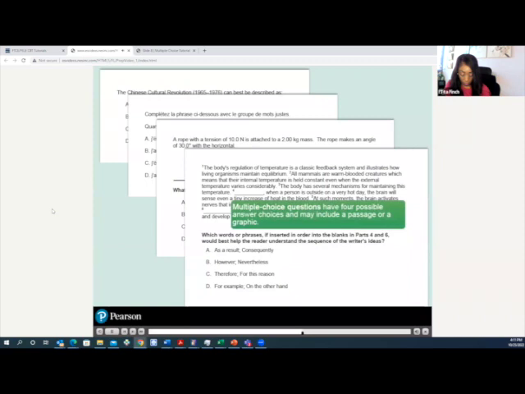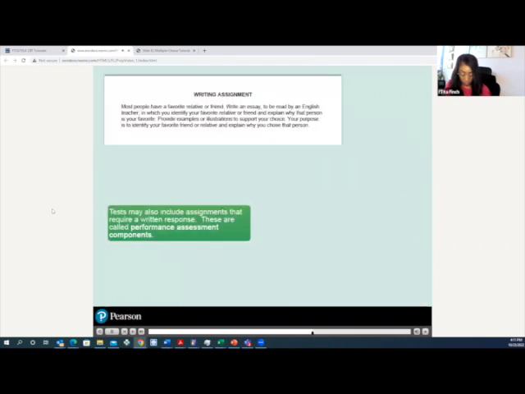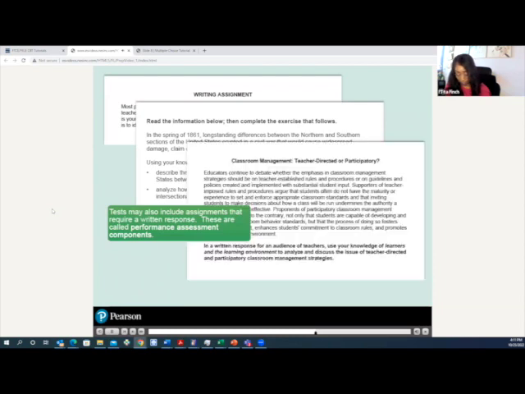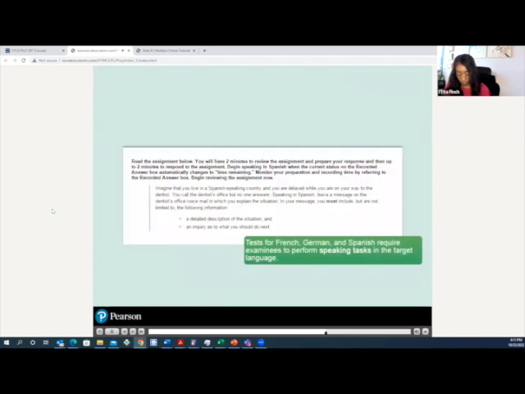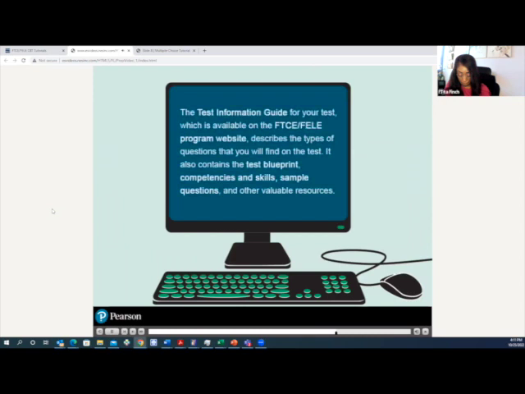Multiple choice questions have 4 possible answer choices and may include a passage or a graphic. Tests may also include assignments that require a written response. These are called performance assessment components. Tests for French, German, and Spanish require examinees to perform speaking tasks in the target language. The test information guide for your test, which is available on the FTCE/FELE program website, describes the types of questions that you will find on the test.